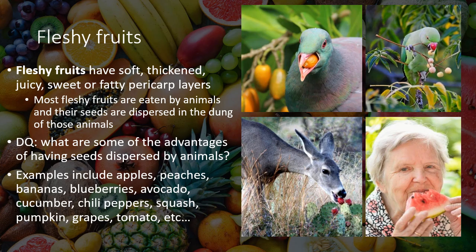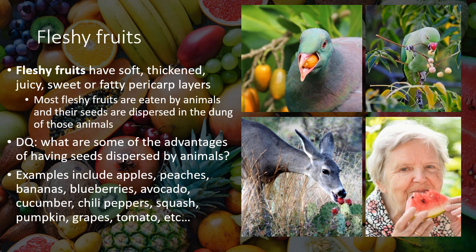So if an animal consumes the fruit of a plant and then digests it, the seeds are essentially disinfected by that very strongly acidic solution in the animal's stomach. One of the biggest enemies of germinating seeds is fungus. So if you can get an animal to disinfect your seeds before they're dropped on the soil, that's ideal.